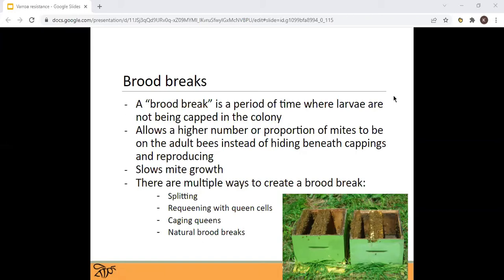Now, when we're talking about brood breaks, they can be accomplished in a number of different ways. Brood breaks will occur naturally in your hives during times of dearth or because of swarming. Of course, these are not situations that we want to encourage in our colonies as beekeepers. We want to prevent swarming as much as possible, for a number of different reasons.